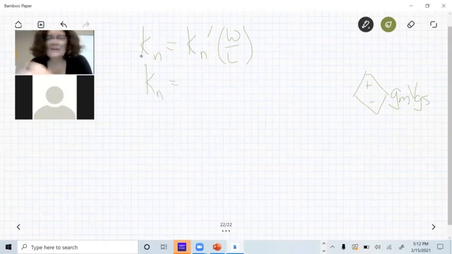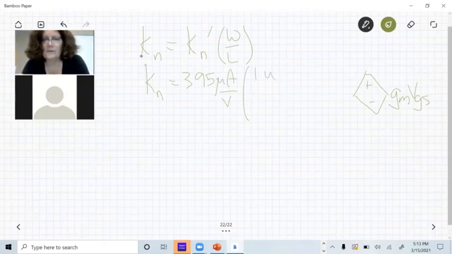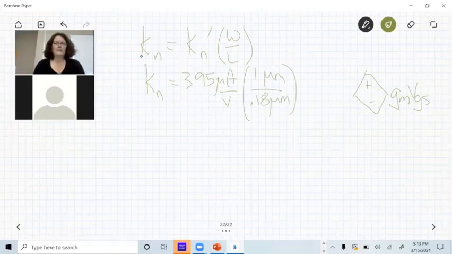We got a number for Kn prime from the last slide. It was 395 microamps per volt. And the W over L for this particular transistor was 1 micrometer for W and 0.18 micrometers for L. So those micrometers are going to cancel out. As long as they're in the same units, W over L is dimensionless.